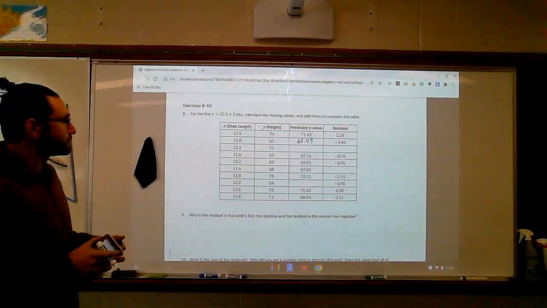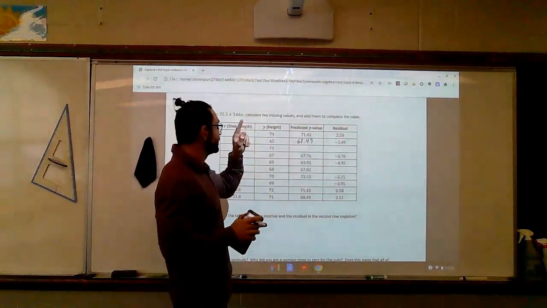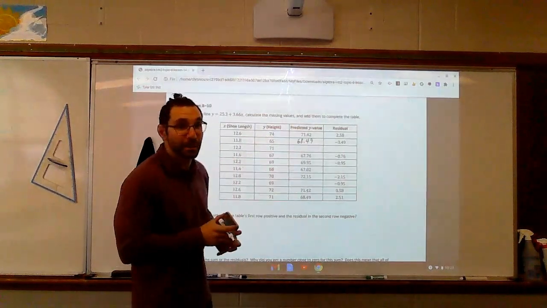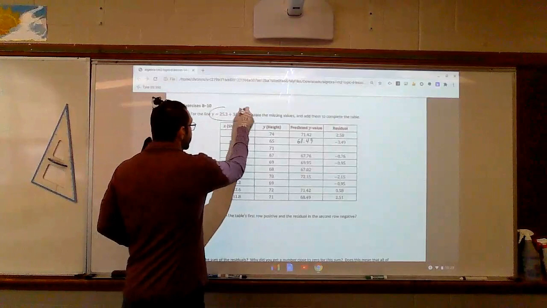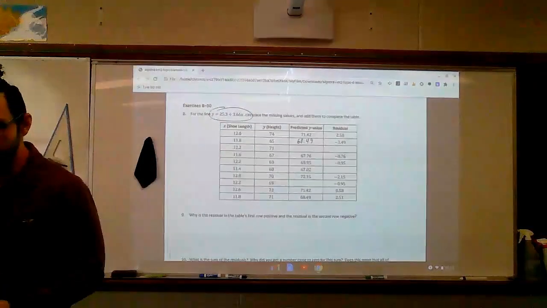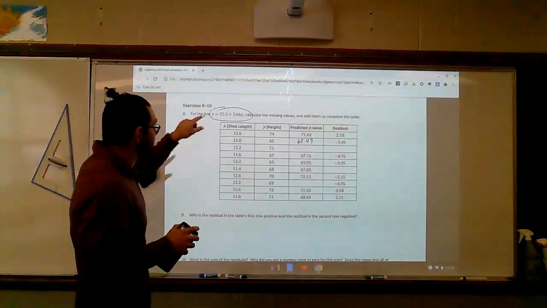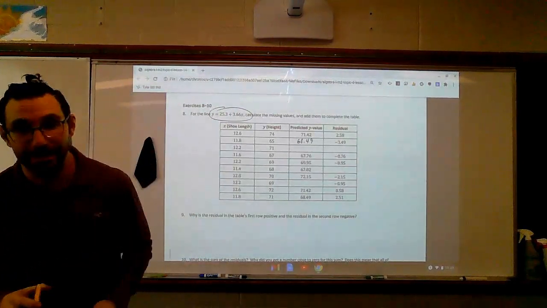Okay? So the key with residuals is the actual height, or the actual value, minus the predicted. Where do we get the predicted? We get the predicted by substituting into the equation.